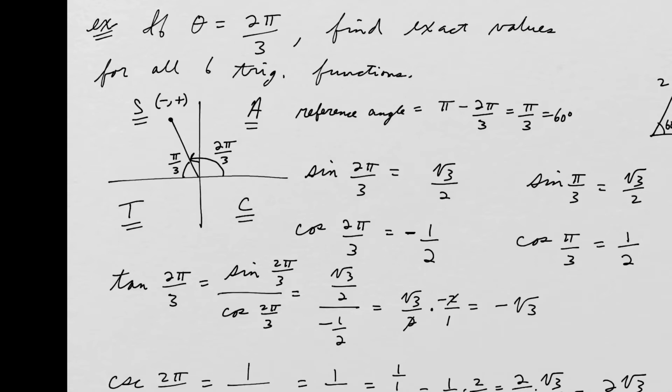Let's do another one. Let's say in this question you're told that cosine of theta is equal to negative 1/3, and theta is in quadrant 3.